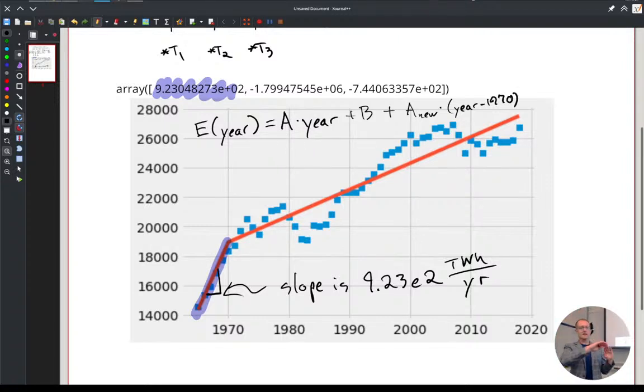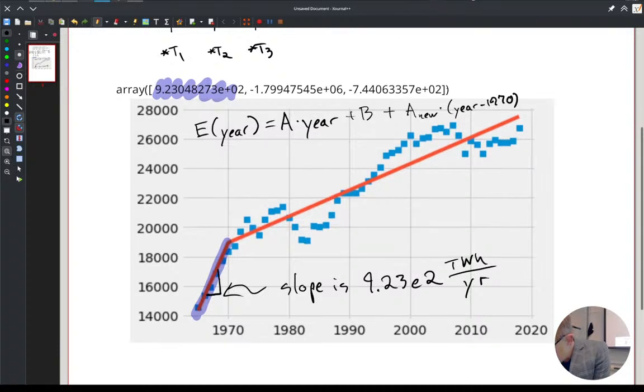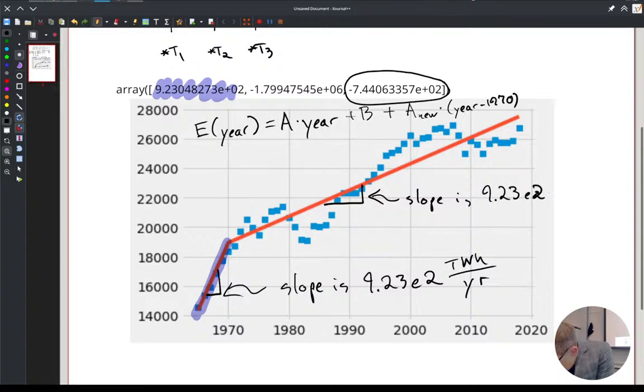I want to say that in 1970 the slope either increased or decreased by a certain amount. So this second value here is saying that this slope is 9.23 E2 minus 7.44 E2.